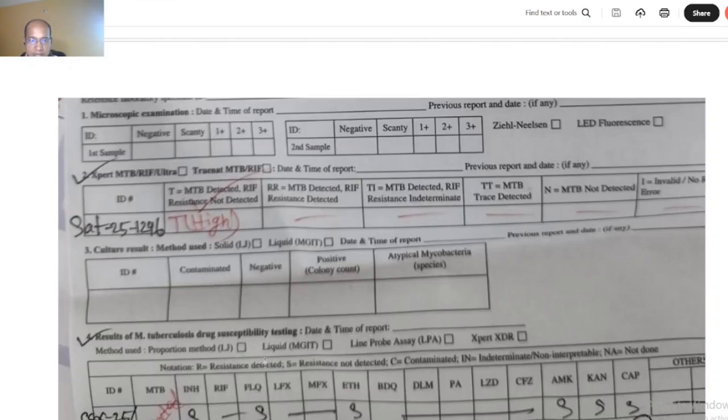Usually DST, drug susceptibility testing, is not done in this setting, but it is done in the central lab located in Dhaka. So this is the diagnosis of pulmonary tuberculosis, evidenced by clinical evidence, X-ray, and microbiological evidence. The gold standard test is microbiological evidence.